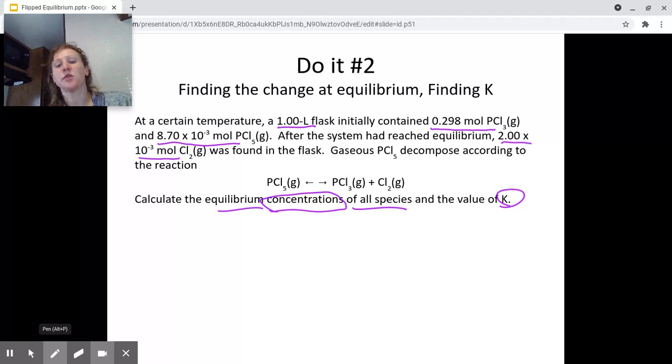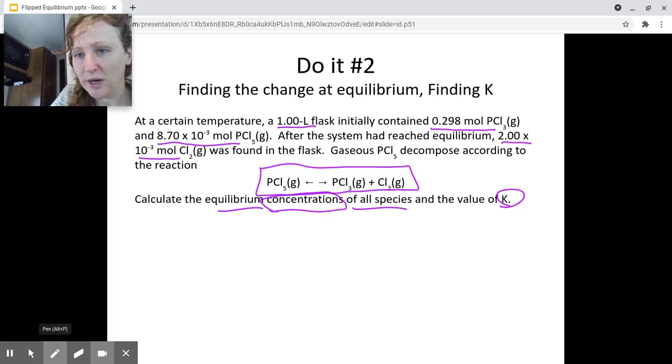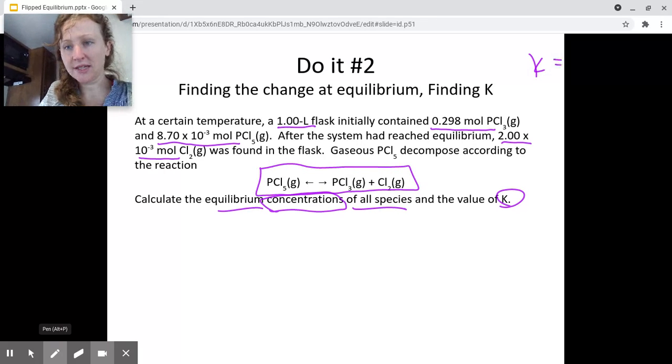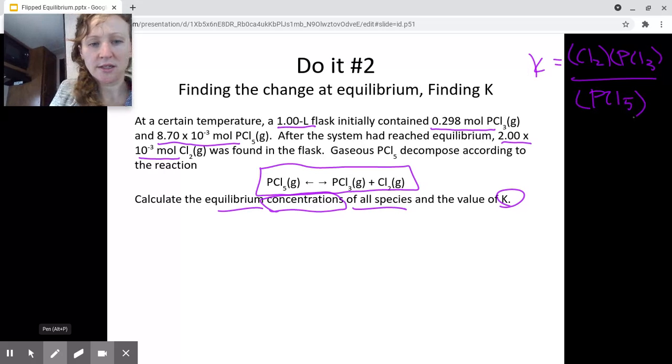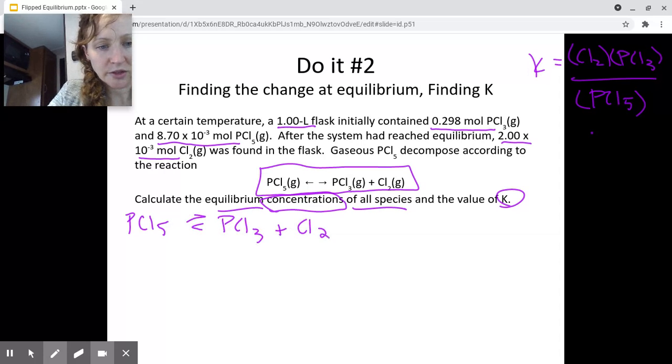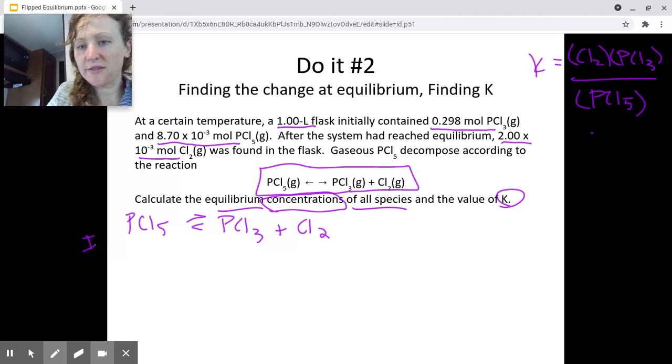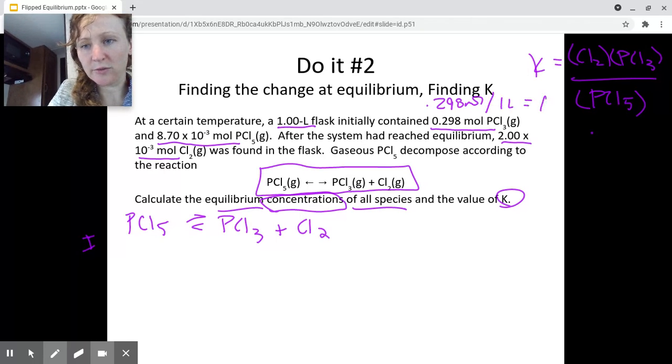All right, so we're looking for two things. So I know what my reaction is. I know I can write a K equation for that. They're all gas. So Cl2, PCl3, 1 and 1, PCl5, also a 1. All right, let me write this equation out. So I can use an ICE chart. What do they give me? 1 liter flask initially contained, okay, so all of these 0.298 moles divided by 1 liter is going to give me my term in molarity.